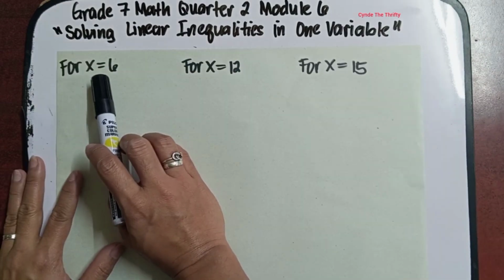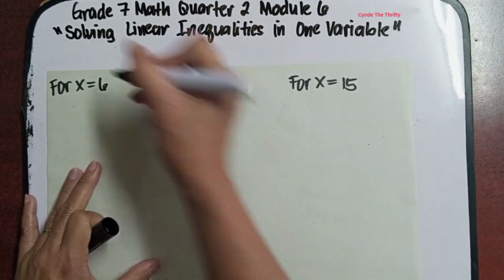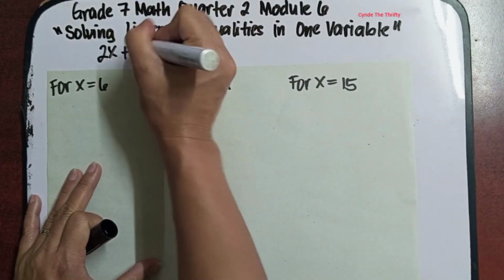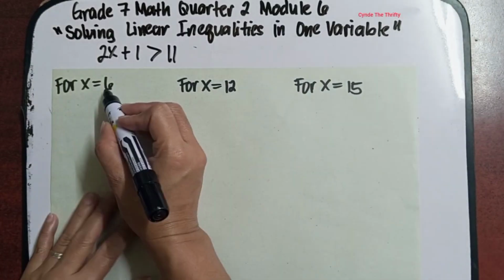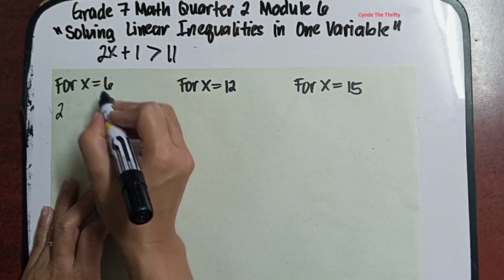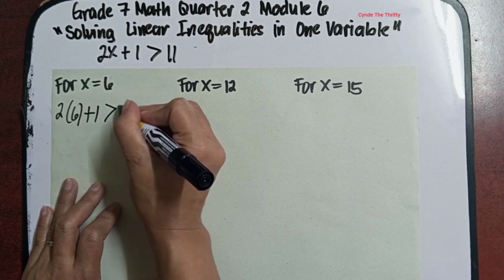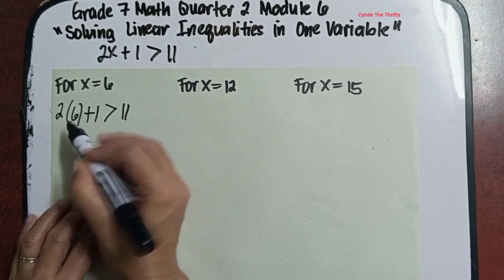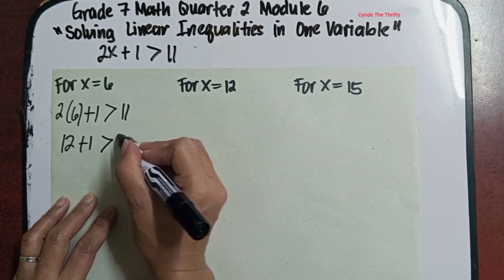Kapag 6 naman ang value ni x, okay, so ang ating equation is 2x plus 1 is greater than 11. So 2 times the value of x na 6 plus 1 is greater than 11. So, 2 times 6 is equal to 12 plus 1 is greater than 11.